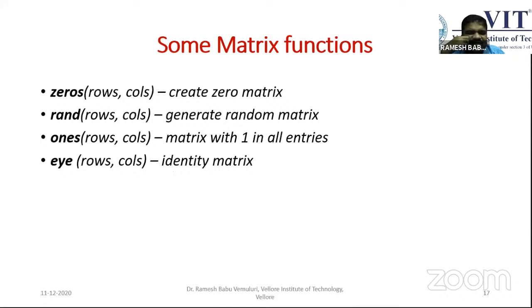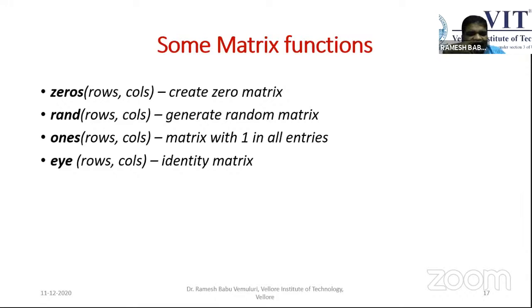Some matrix functions. Zeros: if you want the matrix to have only one particular element, let us say only zeros, then you can put zeros and in parentheses, rows comma columns. Normally whatever the first number you give is the rows and the next number is the columns. Then generate a random matrix.